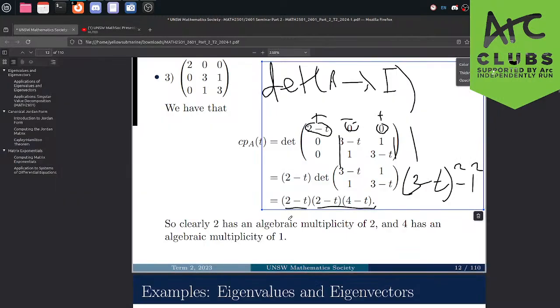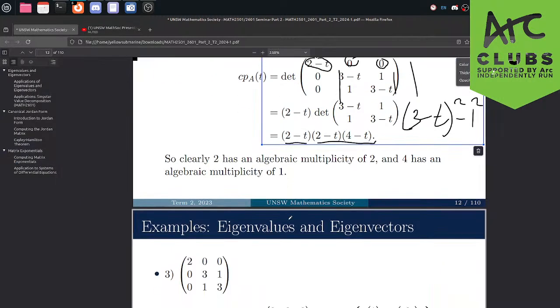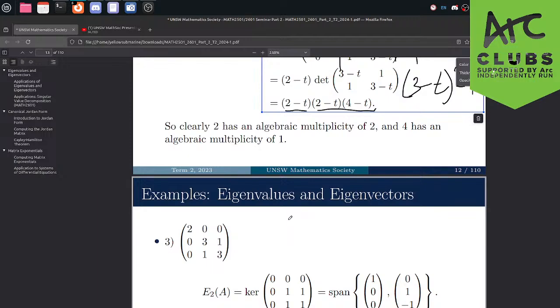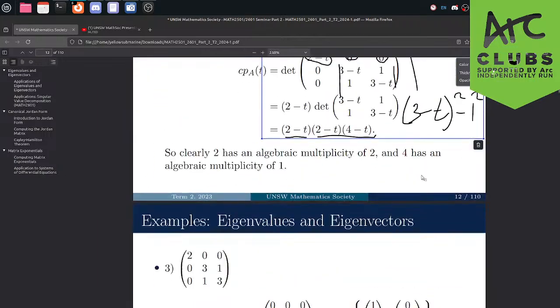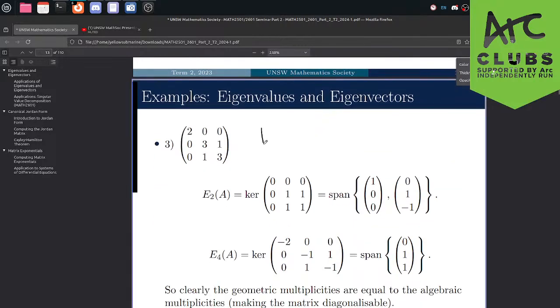Cool. So now we want to find their eigenvectors, and I'll show you this now. We use the formal definition of the eigenspace, which is that the space of eigenvectors is equal to the kernel of A minus lambda I for the eigenvalue lambda.